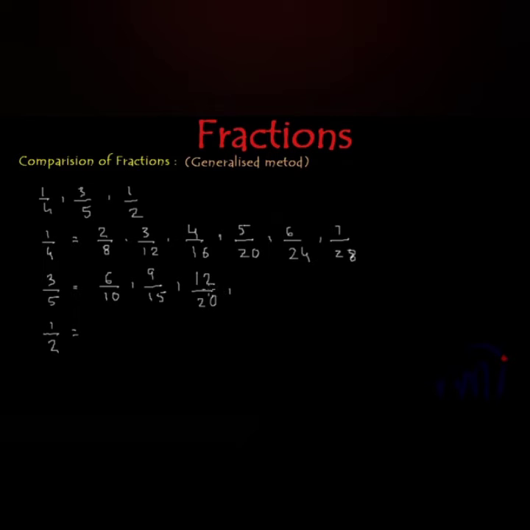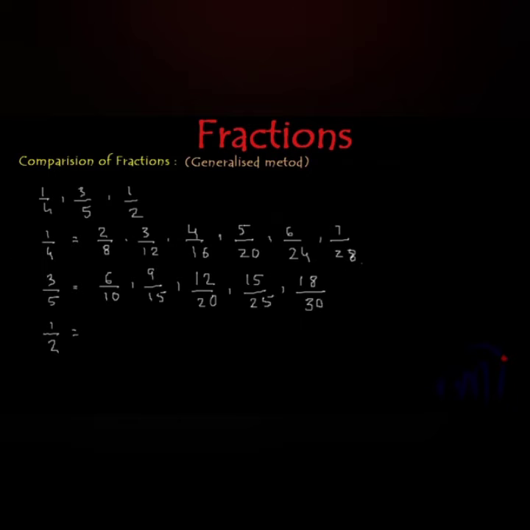And if I multiply it by 5, we are going to get 5 3s are 15 and 5 5s are 25. And if I multiply it by 6, we are going to get 6 3s are 18 and 6 5s are 30. So here we have written till 28. Here we have written till 30 because we are not getting 28 in between.